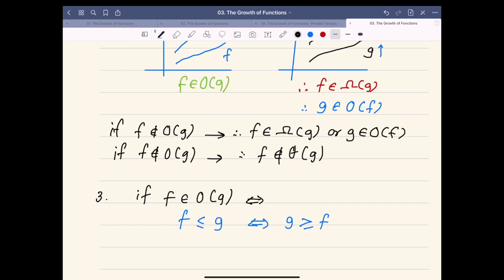Remember that this is the definition of big omega, so we can say that g belongs to big omega of f. So this is the relationship we concluded before: if you swap the two functions, you change big O into big omega, and the statement becomes true if and only if.